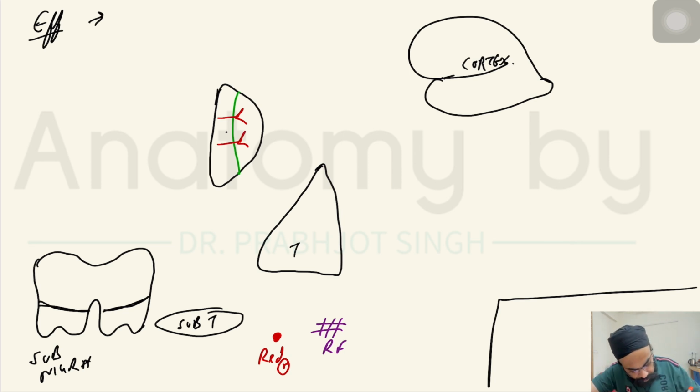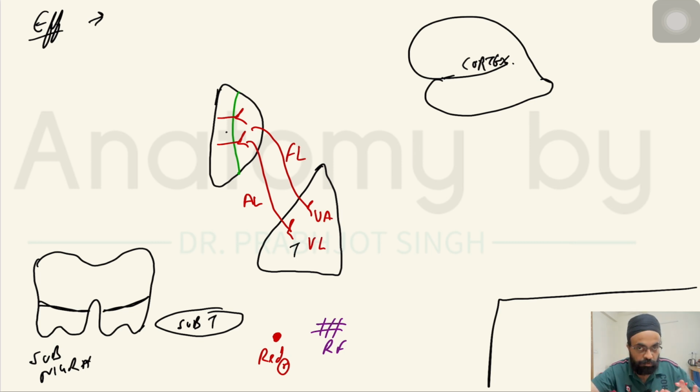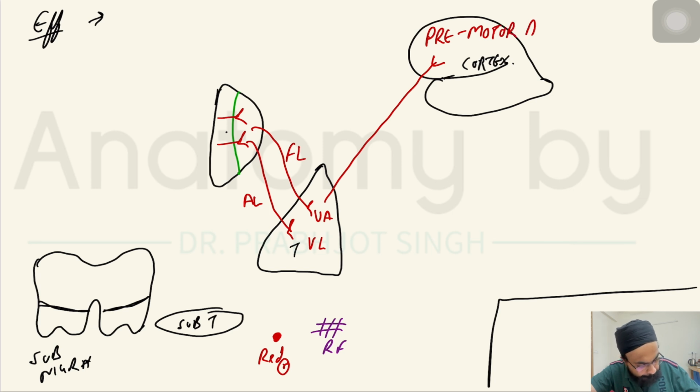From globus pallidus, signals will be relayed to thalamus via fasciculus lenticularis and ansa lenticularis to ventro-anterior and ventrolateral nucleus of thalamus. I'll write them down, don't worry. From here, it will relay to cortex. Where in cortex? Premotor area. Then putamen will also give efferents to substantia nigra.